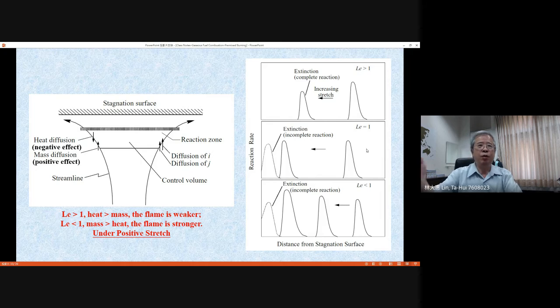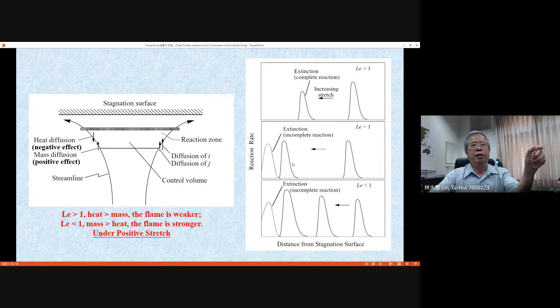Now, when you increase your injection velocity as much as possible, you will find your flame shifts from the right-hand side, approaching the left-hand side, approaching the wall, the stagnation surface. Then you can see the strength of the chemical reaction rate in this plot is almost the same, right? Except when this flame is very close to the stagnation surface. As I mentioned, for stagnation point flow in this region there is a solid wall.